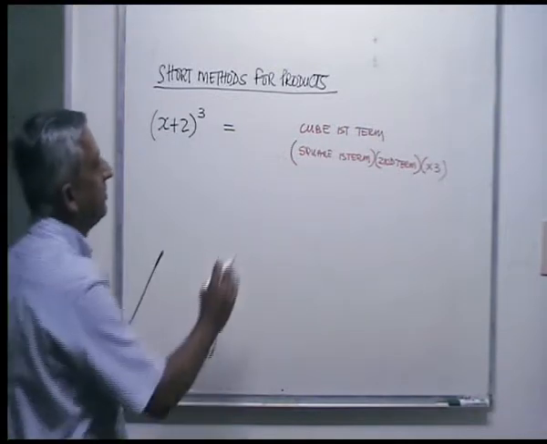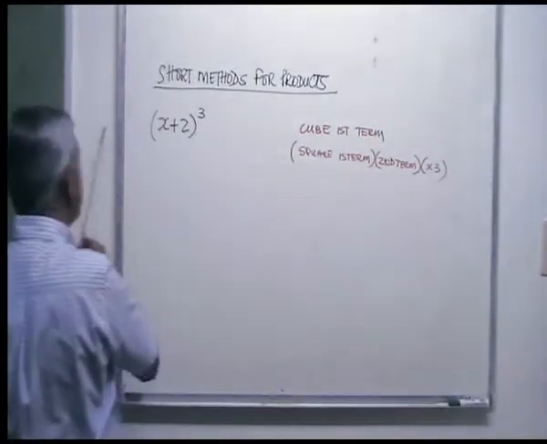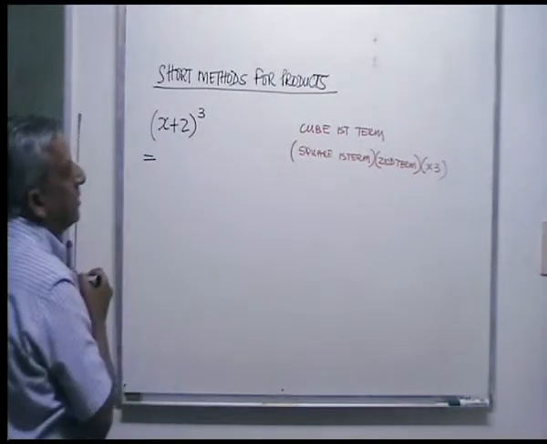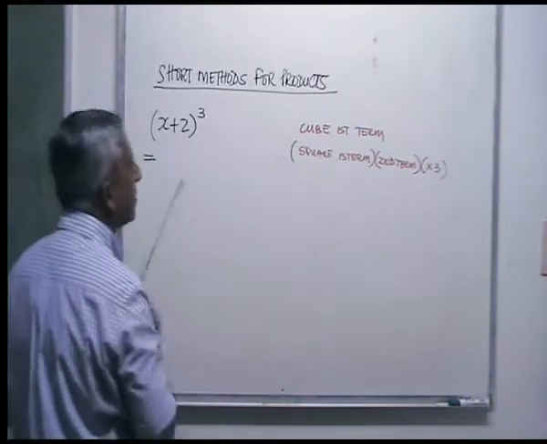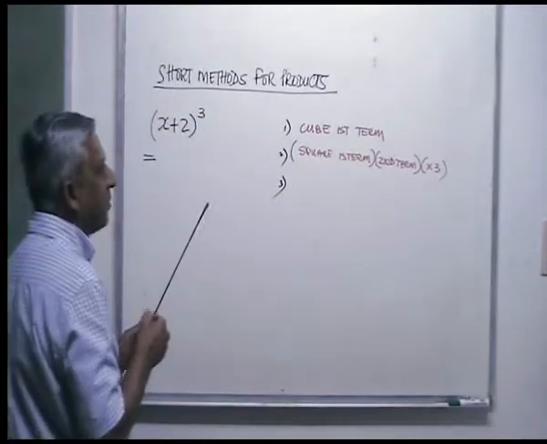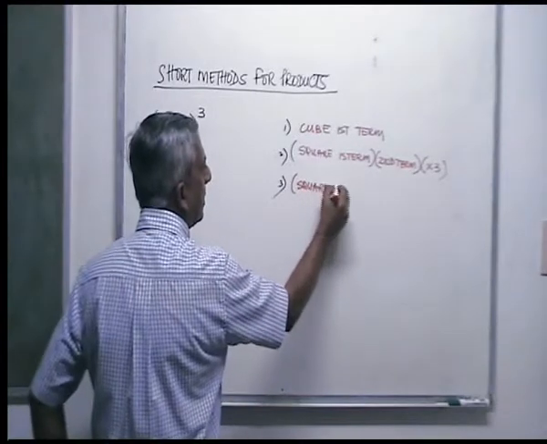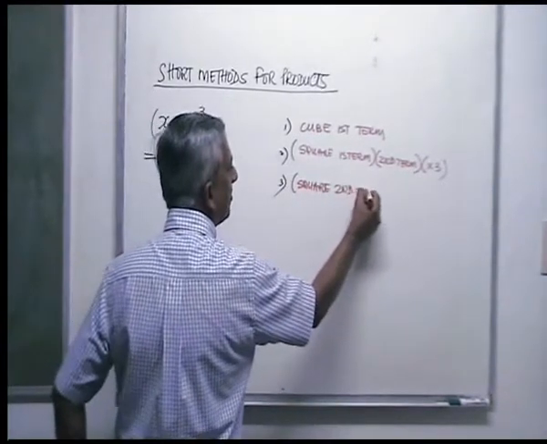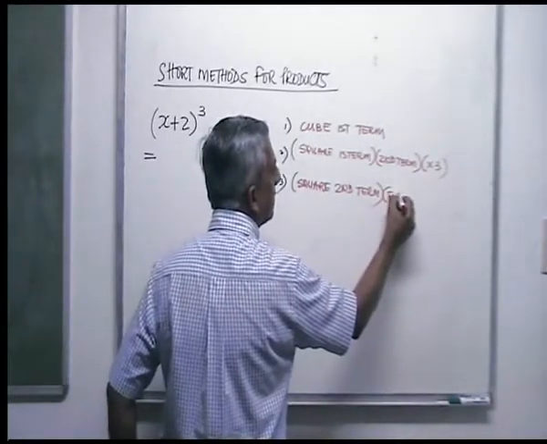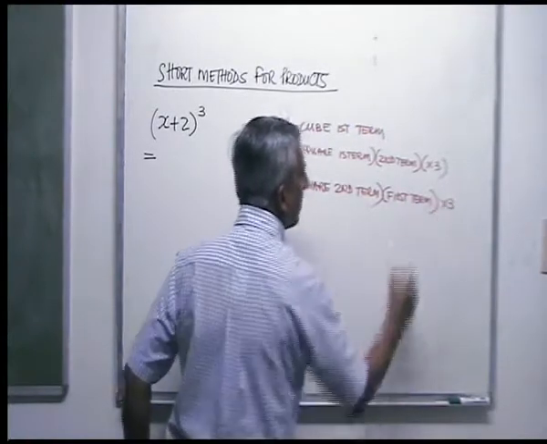Right. Then let's come to step 3. We're going to write this answer down here. Then in step 3, so that's step 1, step 2, step 3, you square the second term and then multiply by the first term, and then you treble.